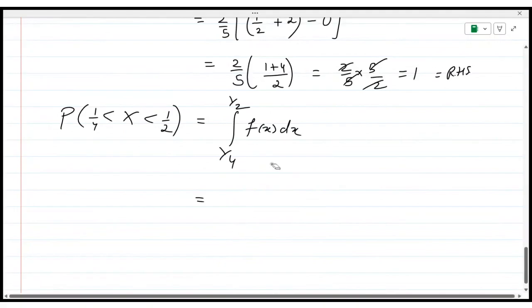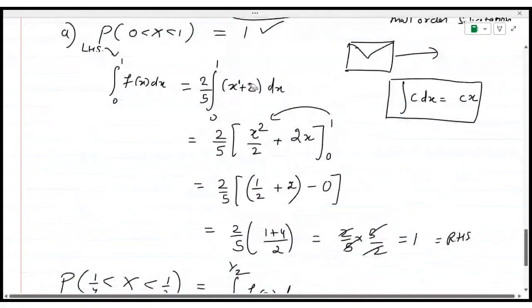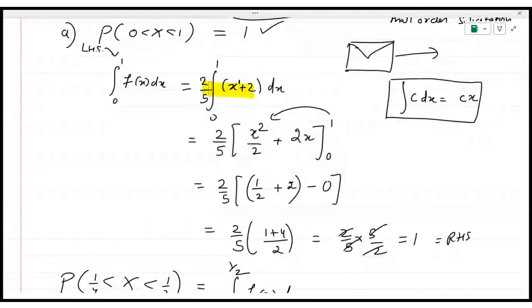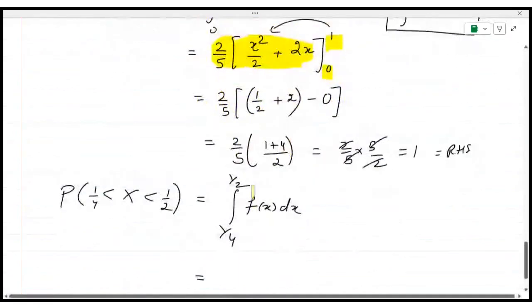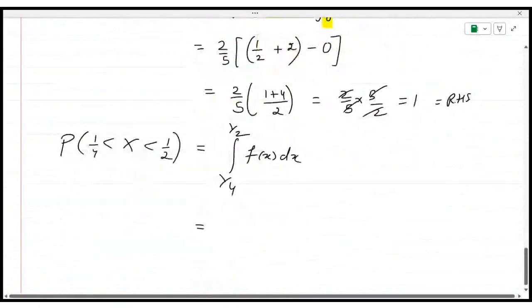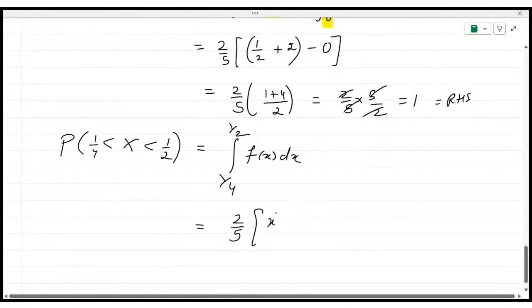This function we have already integrated here. The same function is the same now, so we have already done the integral. Can we directly write this? Only the limits are different now. Earlier limits were 0 to 1. Now limits are 1/4 to 1/2. So you can directly write it will be 2/5 times x square by 2 plus 2x, and limits are now 1/4 to 1/2.